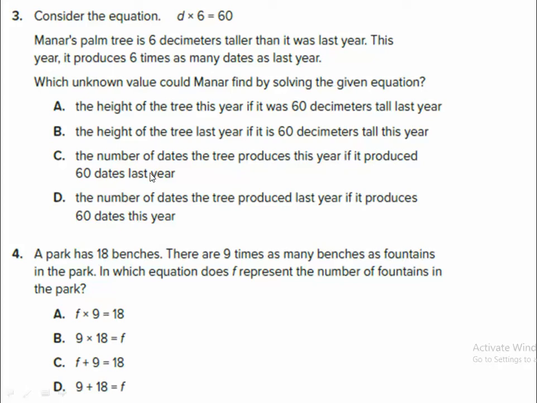This is wrong also. Why? Because here d times 6 equals 60 means 60 for this year, 60 dates for this year, and d for last year. The number of dates the tree produces last year, if it produced 60 dates this year. This is the right one.